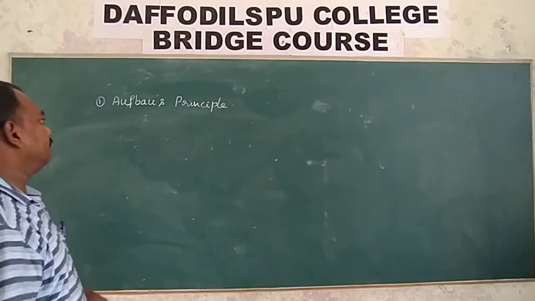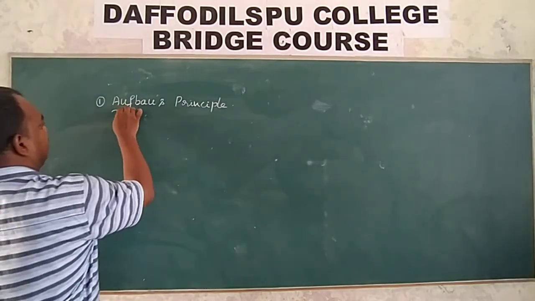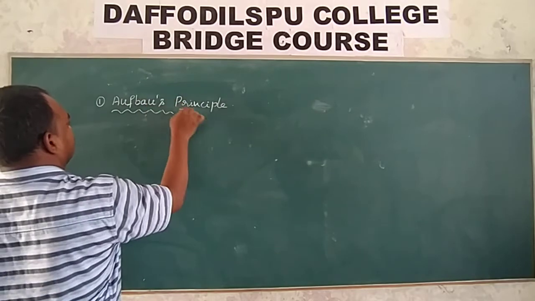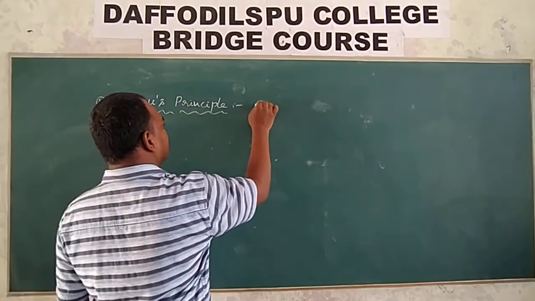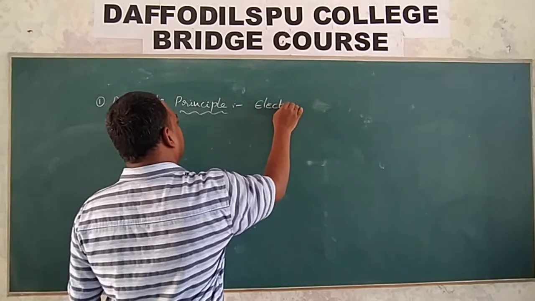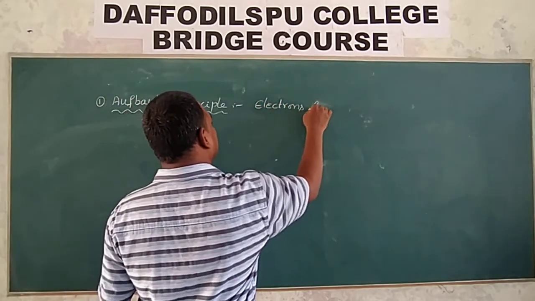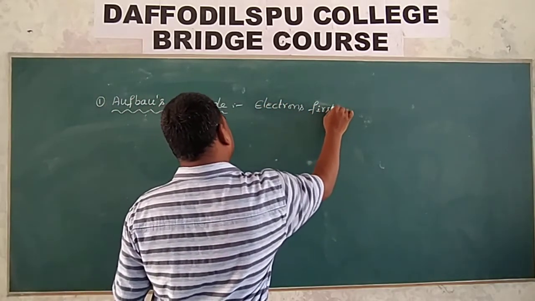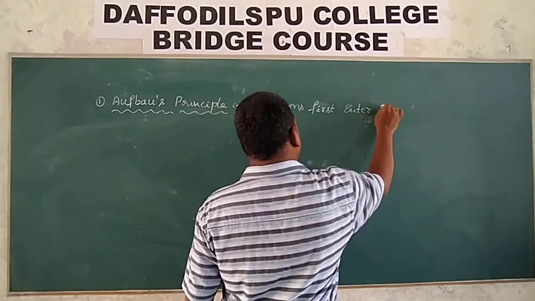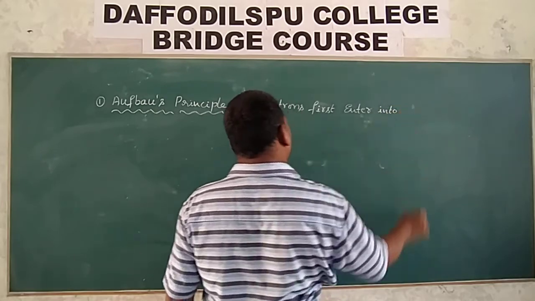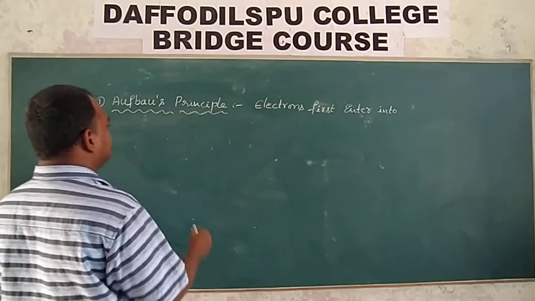So first look at the Aufbau principle. What is this Aufbau principle? Electrons first enter into lower energy orbitals.